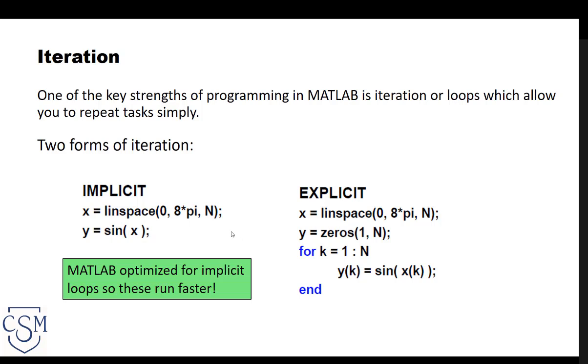One thing to note, though, is that while explicit loops are really convenient and sometimes easier to wrap your head around, MATLAB is actually optimized for implicit loops. So it's much faster to run implicit loops.